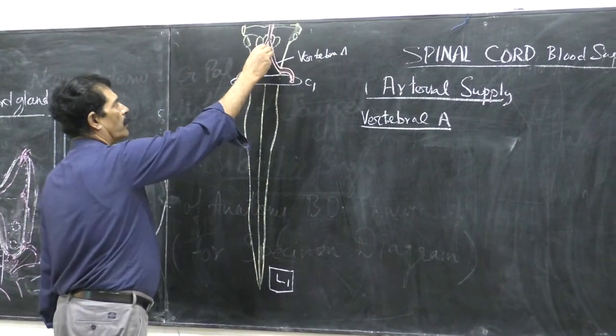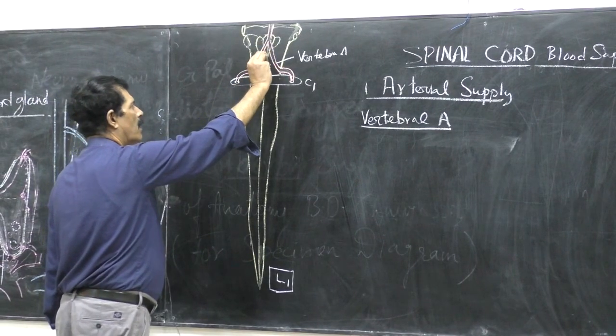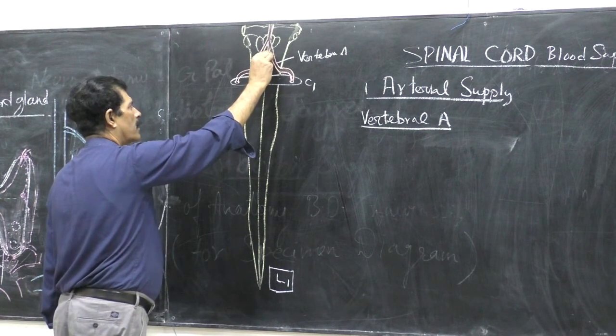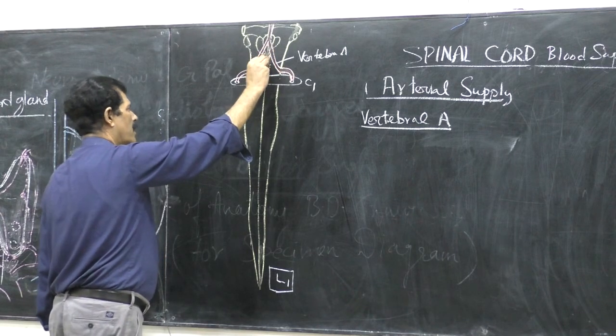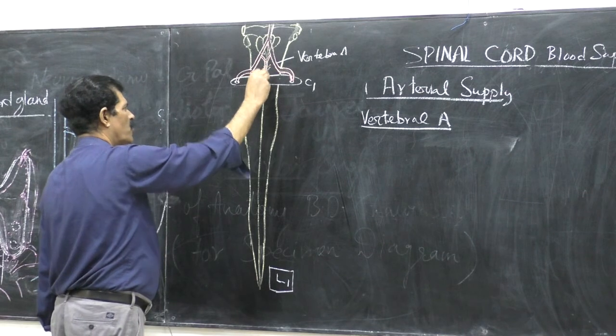So on the anterior surface of the medulla, the two vertebral arteries, right and left, anteriorly unite to form the anterior spinal artery, which runs on the anterior median fissure.